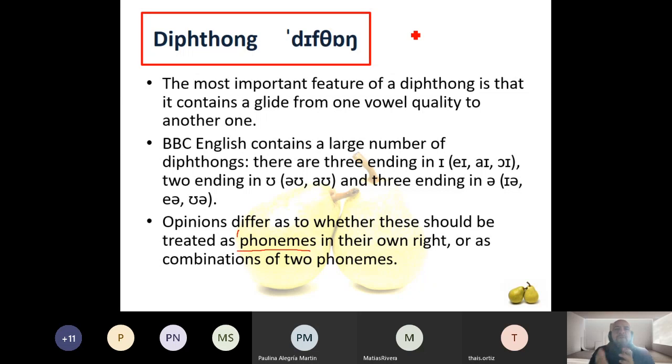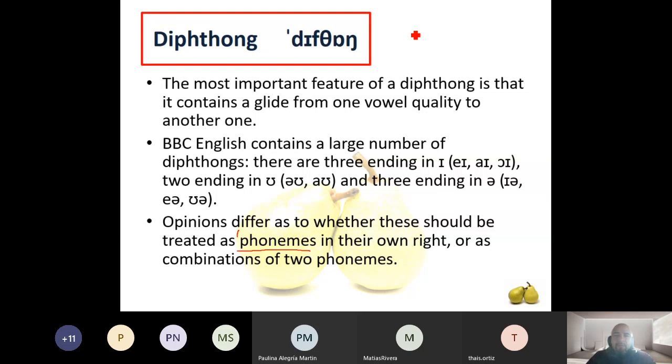Okay, we're not going to fall into the discussion whether they are two sounds or one sound. We're just going to consider them as one single sound unit. So whenever we count a diphthong, we're going to consider that one sound.